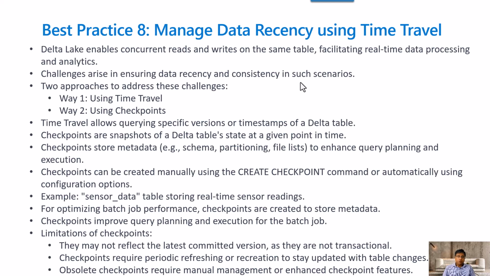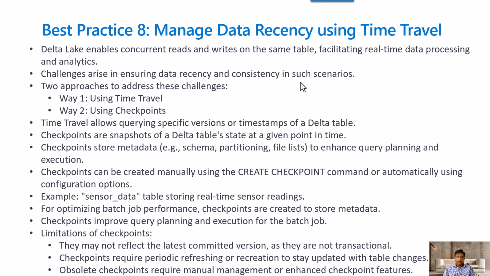Time travel helps you to query a specific version or timestamp of the data and then read based on that version. So I could say that for a particular time, I want to know how the data was looking, right? The second option is checkpoints. Checkpoints are nothing but a snapshot of the Delta table at a certain point. What do they store?